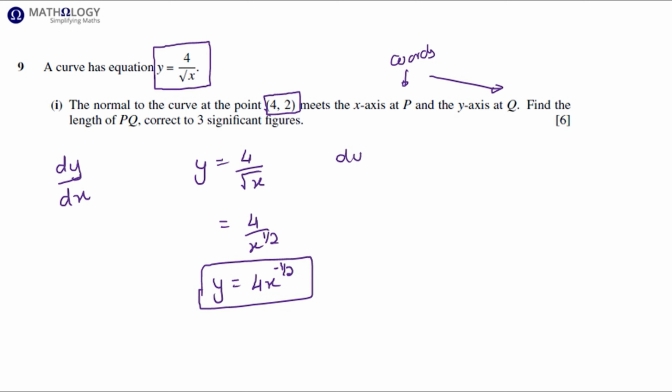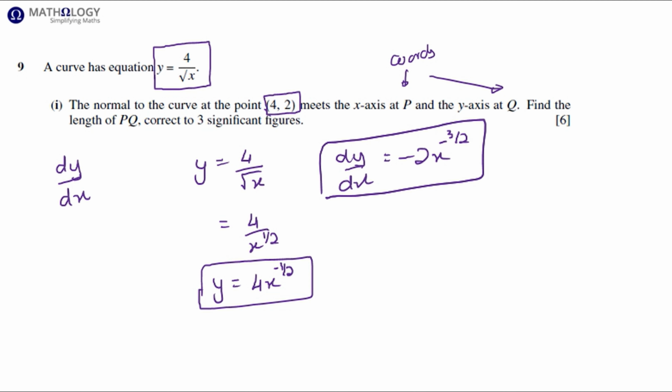So dy/dx equals minus a half times 4 is minus 2x to the minus a half minus 1 will be minus 3 over 2. This expression represents the gradient of a tangent to the curve.